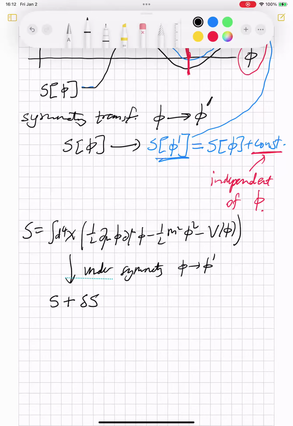And what we find is, let's just write this out a bit more carefully. S is equal to S of phi plus some change in the action as a function of phi.